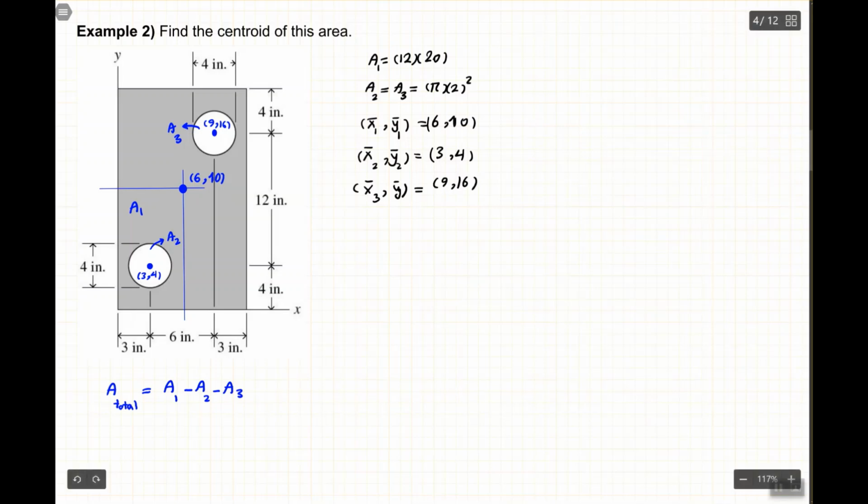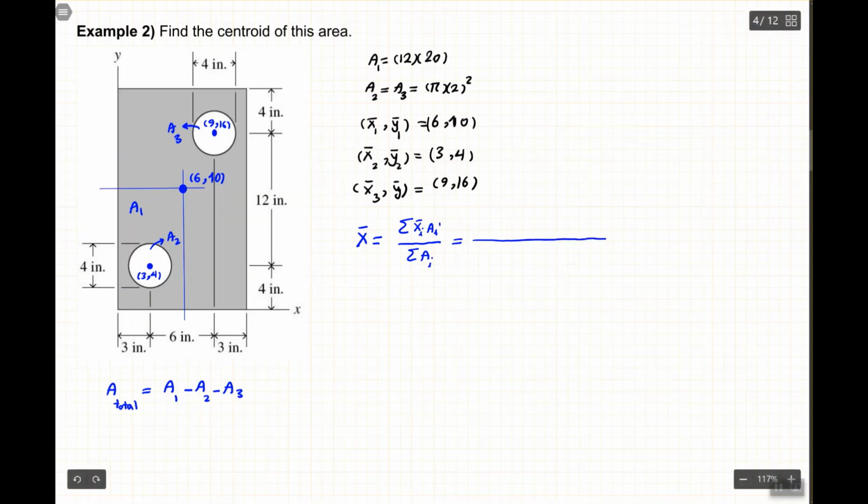All right, so we have all the information that we need, and now we just plug them in the formula of the sum of x bar i A i divided by the sum of A i. This time we just need to be careful that A2 and A3 are negative, right?